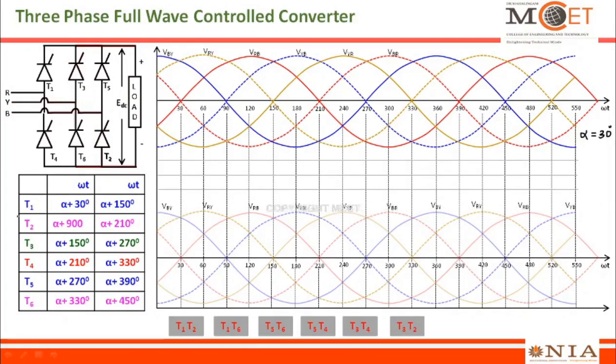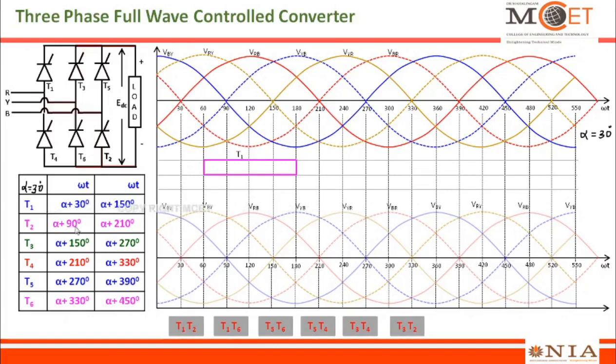The same table presented in the previous slide is put here again. Now alpha is equal to 30 degrees. So T1 will start its conduction at 60 and end at 180, as shown here.